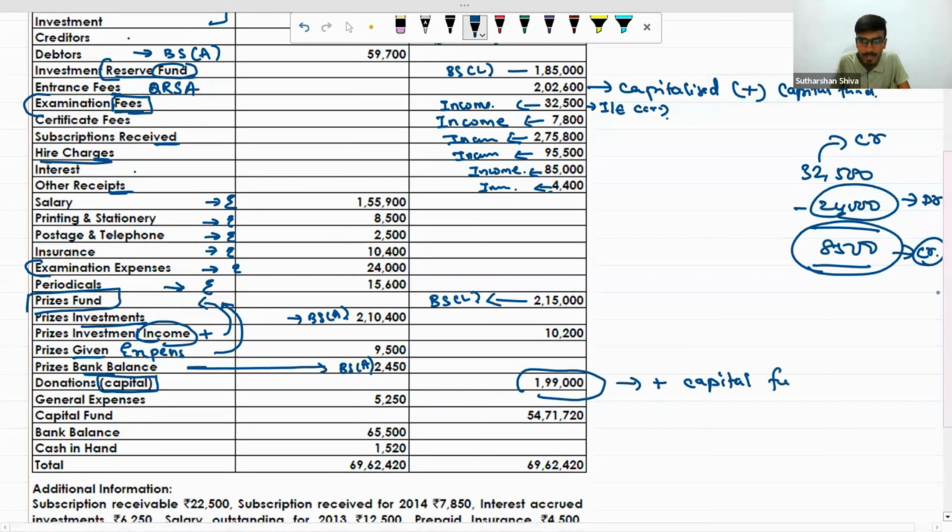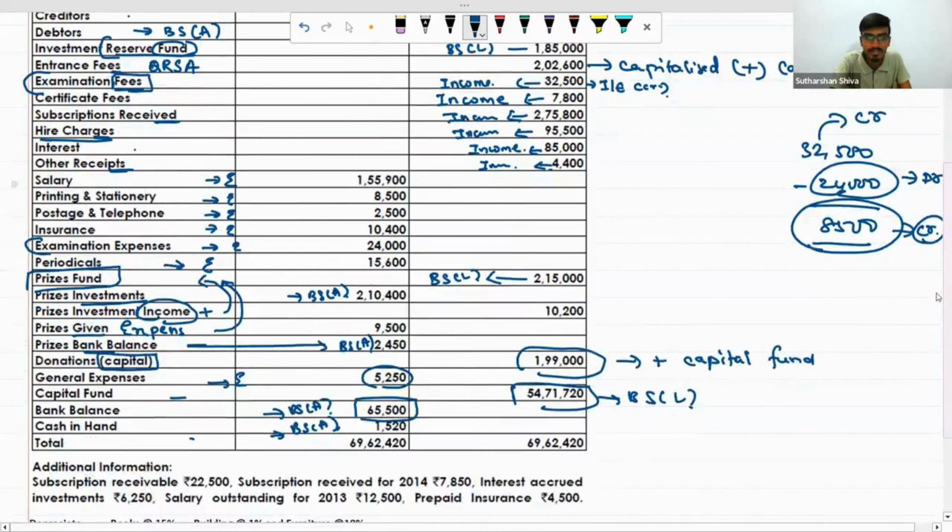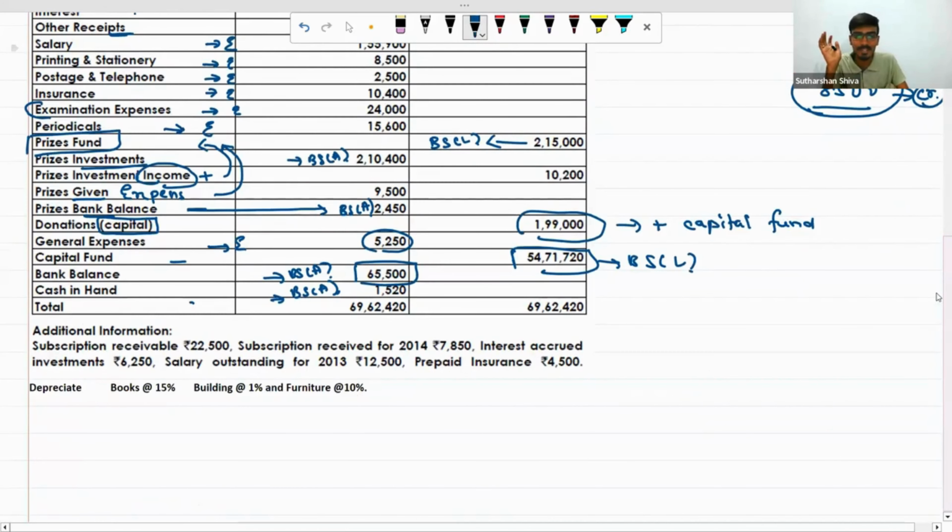General expenses, it is a day-to-day expense. Then capital fund they have given, we will take it to the balance sheet on the liability side, and bank balance they have given, balance sheet on the asset side, cash in hand they have given, balance sheet on the asset side. Now it's time to just do the posting and get the 15 marks, sure shot 15 marks.